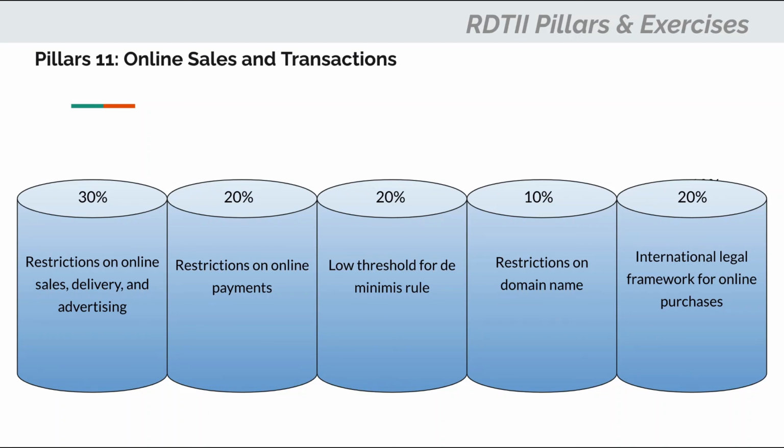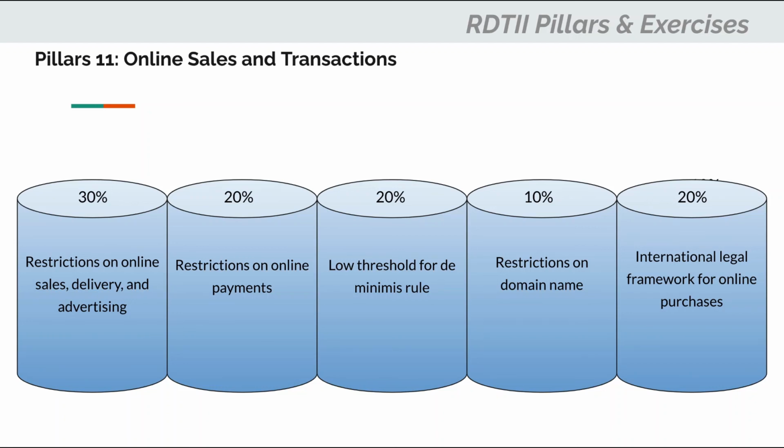The first subpillar is given the greatest weight because restrictions on sales, or restrictions on delivery, or advertising set up direct barriers for vendors to engage in digital trade or reach consumers.